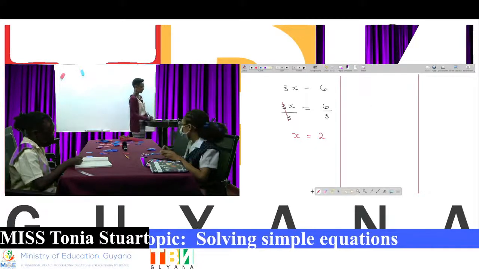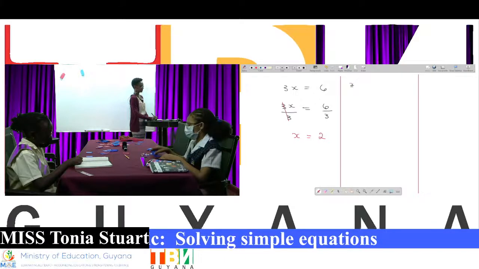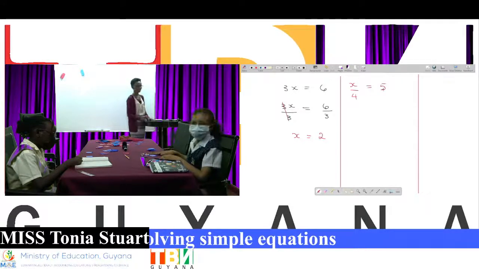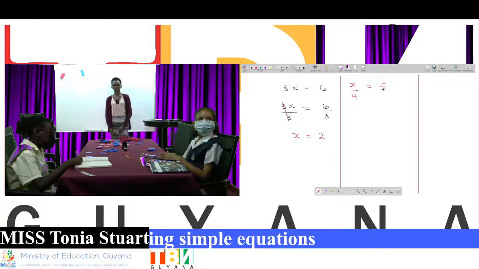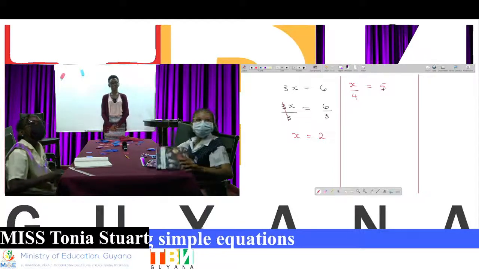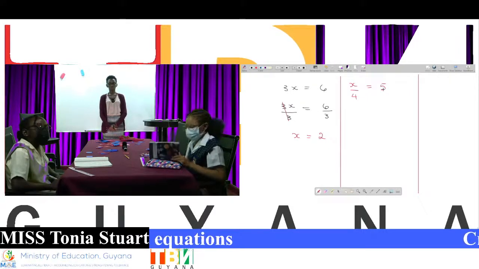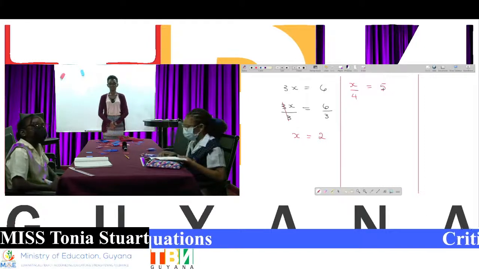So what about x divided by 4 is equal to 5? What is the operation involved there, between the x and the 4? Division. So what is the inverse of division? Multiplication.